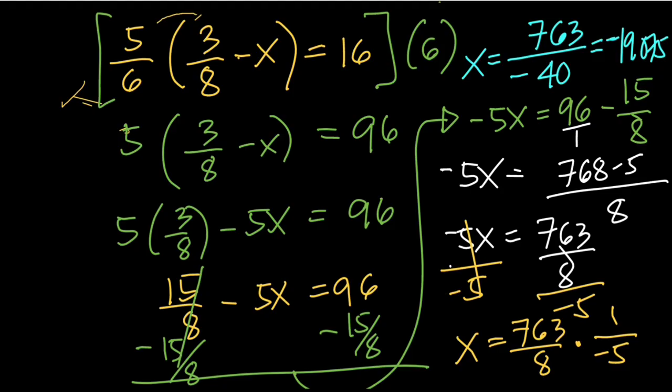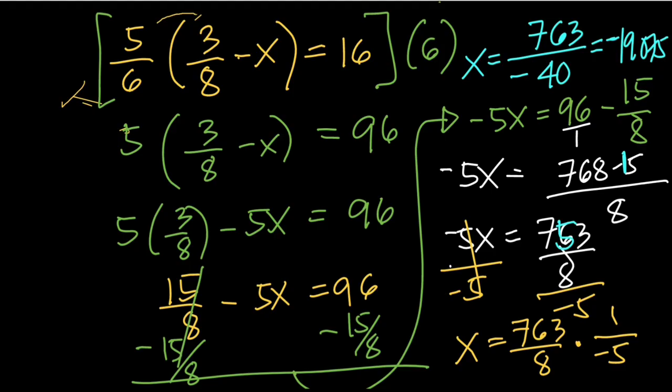Because 96 minus 15 over 8, then 8 times 96 is 768. This is 15 because I subtracted it to only 5. So 768 minus 15 should be 753. Then 753 divided by 8.